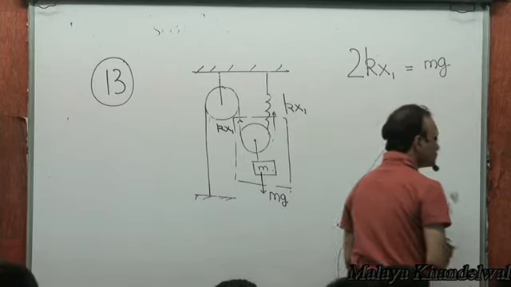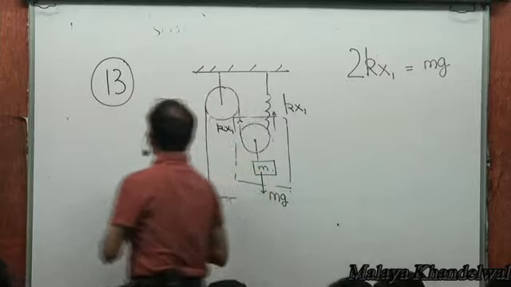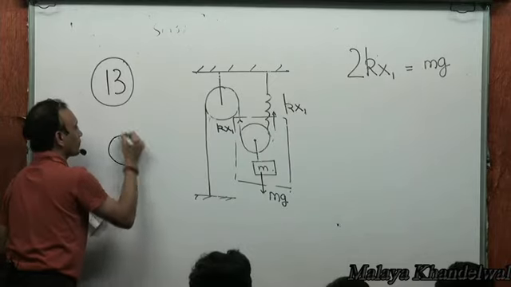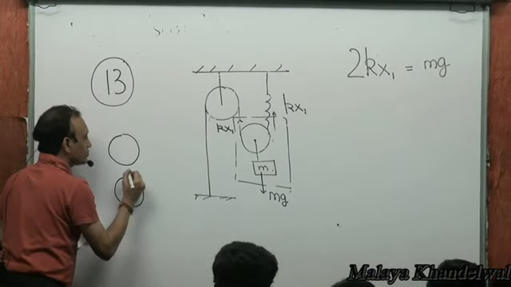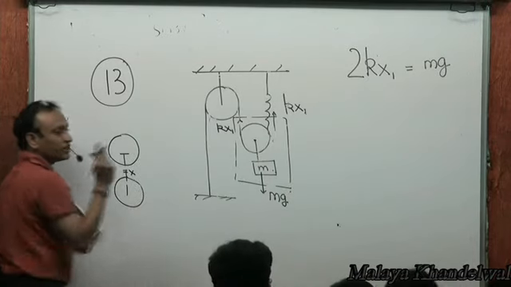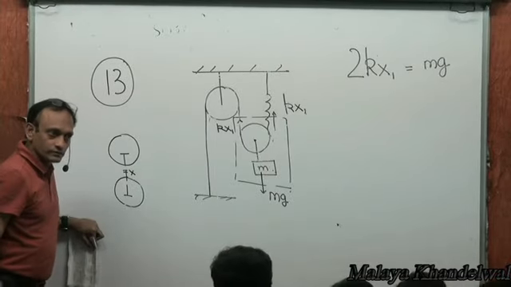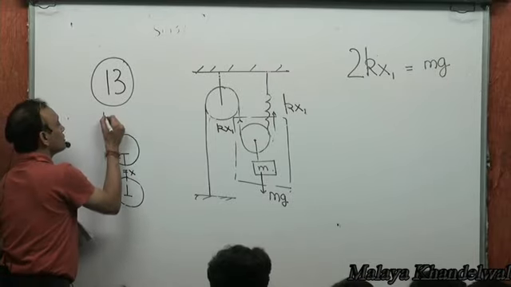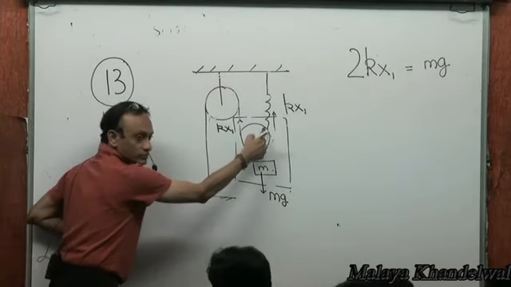Right? Now, next what is done is that this movable pulley is moved down further by an amount x. Clear? Now if it is moved further down by an amount x, see, the spring was originally going this way. This was the state.